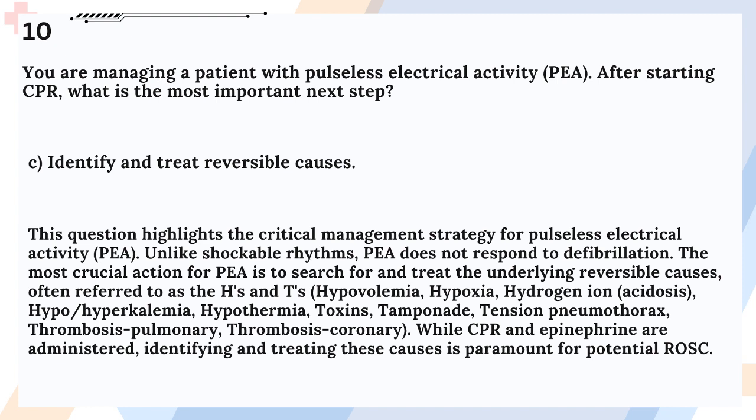The most crucial action for PEA is to search for and treat the underlying reversible causes, often referred to as the H's and T's: hypovolemia, hypoxia, hydrogen ion, acidosis, hypo/hyperkalemia, hypothermia, toxins, tamponade, tension pneumothorax, thrombosis pulmonary, thrombosis coronary. While CPR and epinephrine are administered, identifying and treating these causes is paramount for potential ROSC.